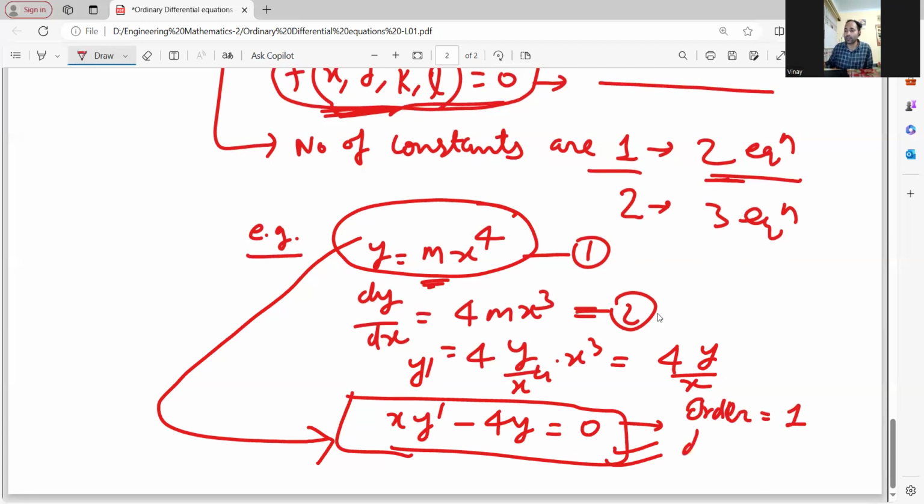One. What is the degree? Degree is 1. Is it linear or non-linear? To rewind, the derivative has power 1 and the dependent variable has power 1, and they are not multiplied with each other. So it's a linear differential equation.